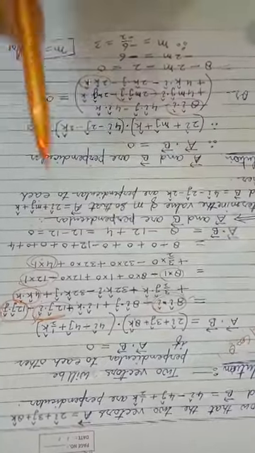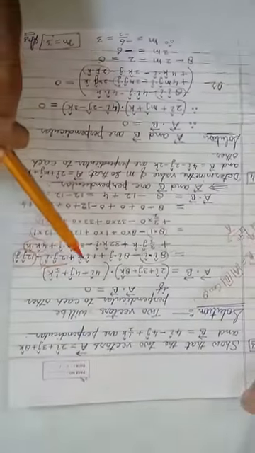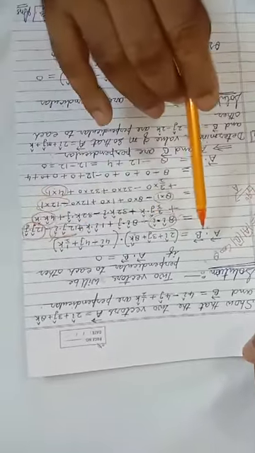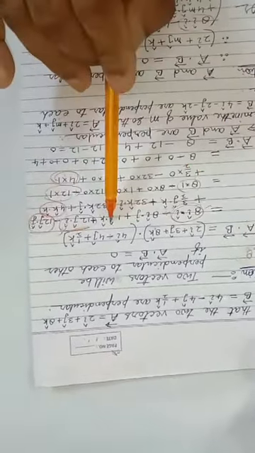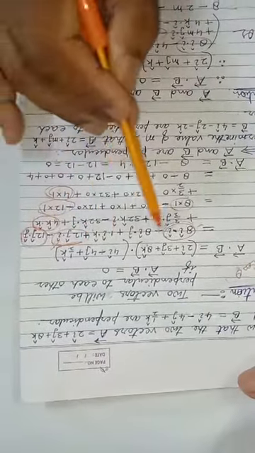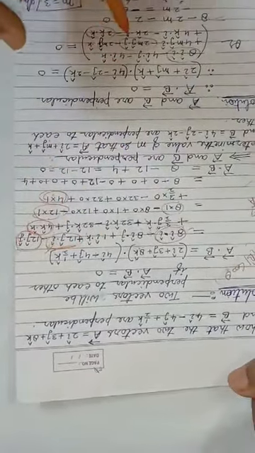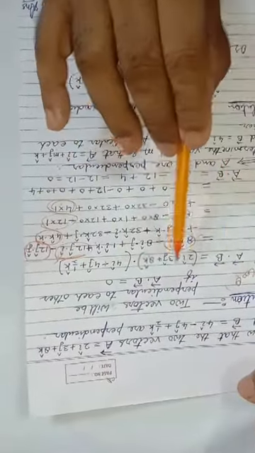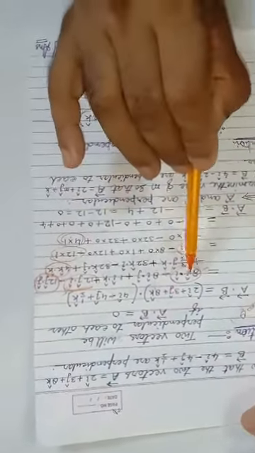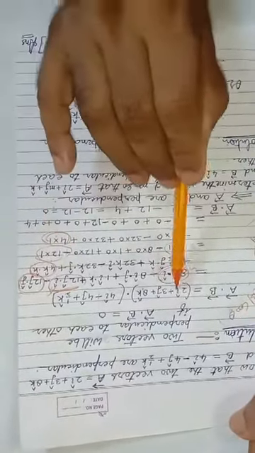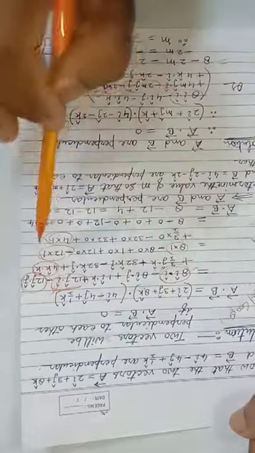Okay, students. One thing which I want to tell you: now you have learned how we find the scalar product. So there is no need to write all these terms. Just when you want to calculate the scalar product, take these 3 only, that is i dot i, j dot j, and k dot k.